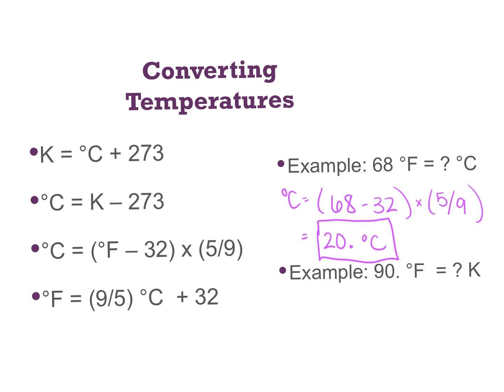Okay, and then now let's convert 90 degrees Fahrenheit to kelvins. If you look at the equations to the left, is there an equation that takes you straight from Fahrenheit to Kelvin? Good. So we're going to have to go from Fahrenheit to Celsius, Celsius to Kelvin. Okay. So we're going to use that third equation again to get to Celsius.